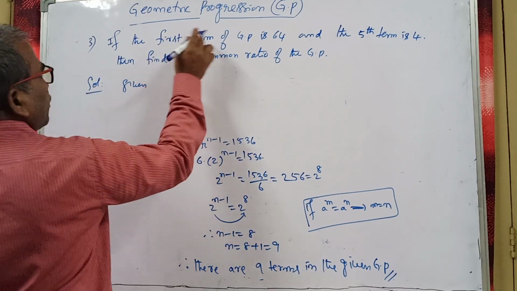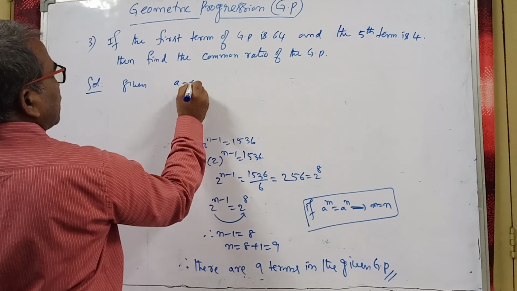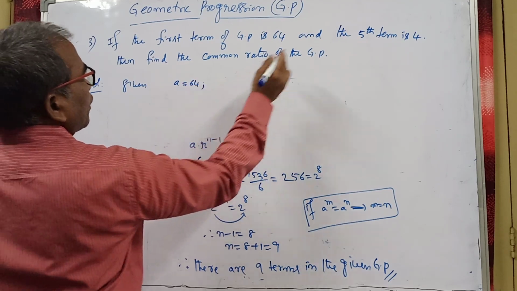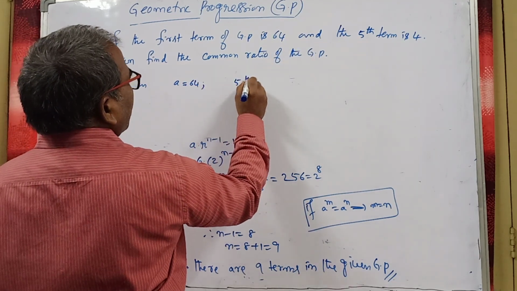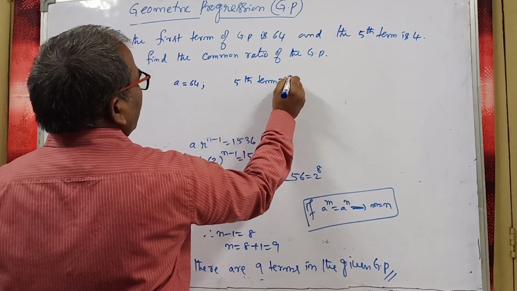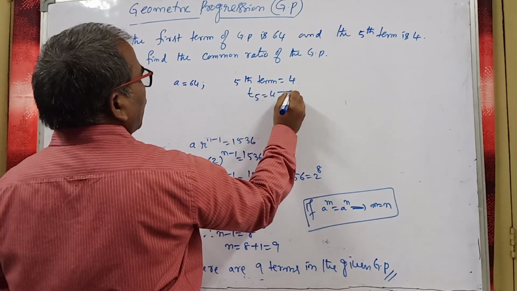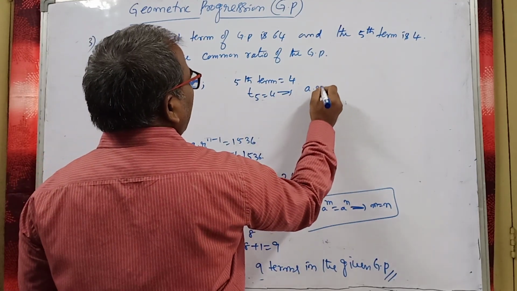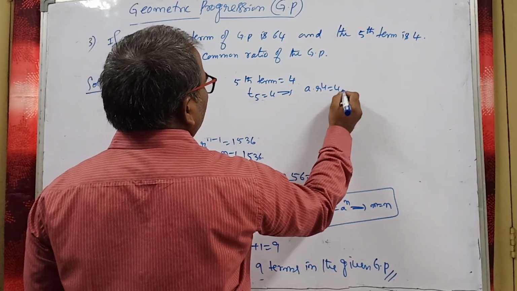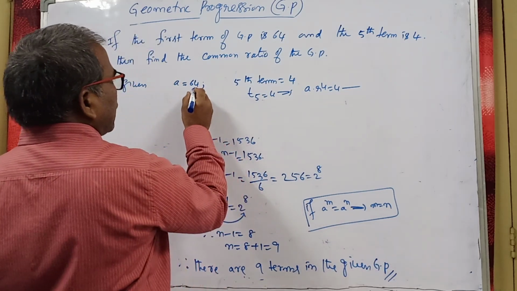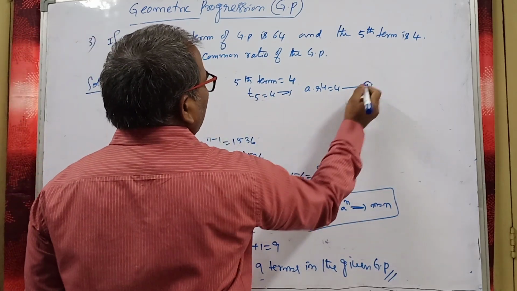Given that the first term of GP, A is equal to 64. Fifth term is 4. Fifth term means what, tell me? T5 is 4. T5 means A into R power 4 is equal to 4. This is equation 1.